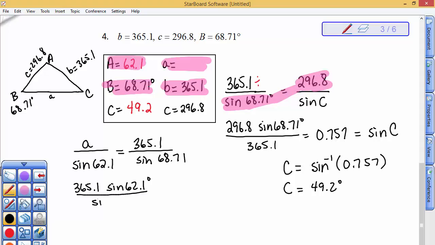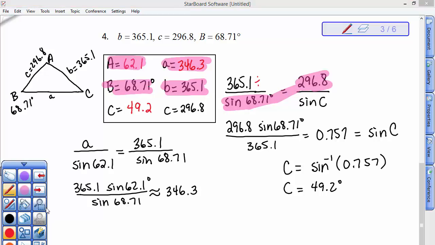Then I've got to divide it by what's opposite the letter A, or what's opposite the unknown. And approximately side A turns out to be 346.3. I'll fill that in right here. Again, please don't forget to check this over the sine of this equals this over the sine of this equals this over the sine of this with your calculator.